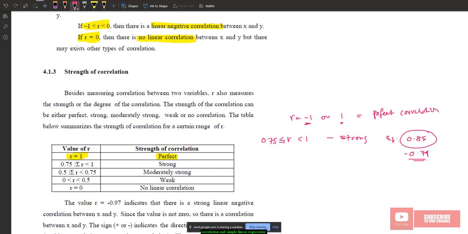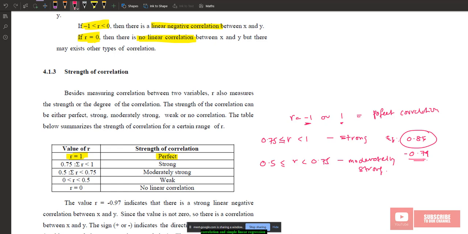So another one, let's say from 0.5 until 0.75, 0.75 is not included, 0.5 is included. So we can say that we have a moderately strong correlation. Same as before, when we have a negative value, it is a moderately strong negative correlation.